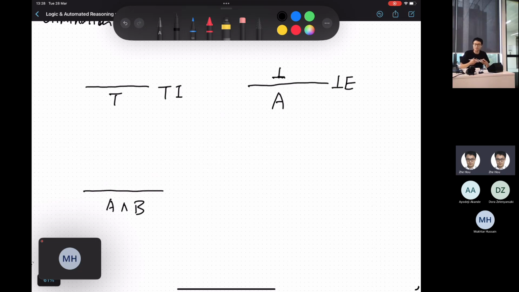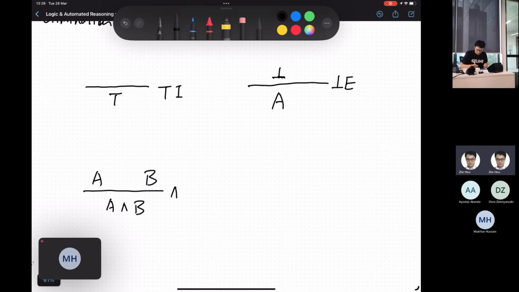So we want to derive A and B. So the question is, what do we need to know to derive A and B? Well, we need to know that A is true, and we also need to know that B is true. So we need two premises. In this case, we need to have A, and we also need to have B. If we have both, then we can conclude that A and B is true.